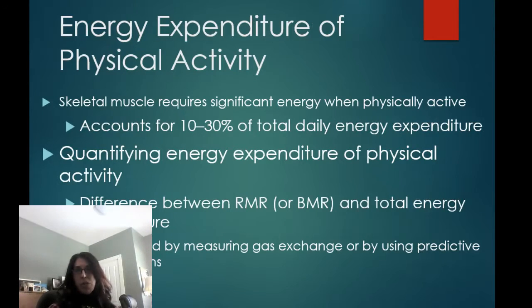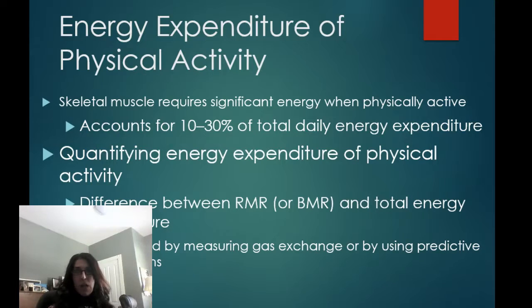So energy expenditure related to physical activity. We know that skeletal muscle requires much more energy, as I was telling you, than adipose tissue when physically active. And that accounts for 10 to 30% of that daily energy expenditure. So of the number of calories that you need per day, 10 to 30% will come from physical activity.